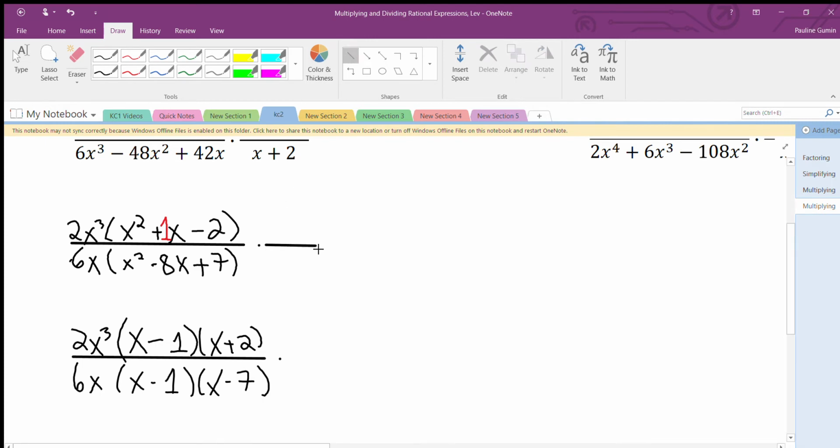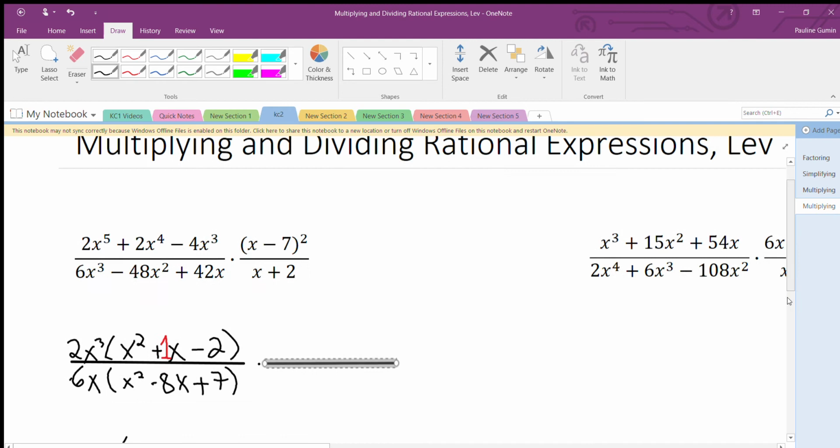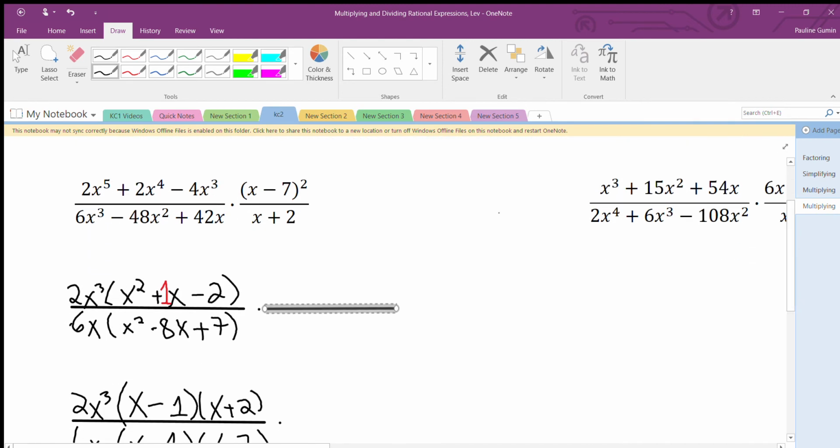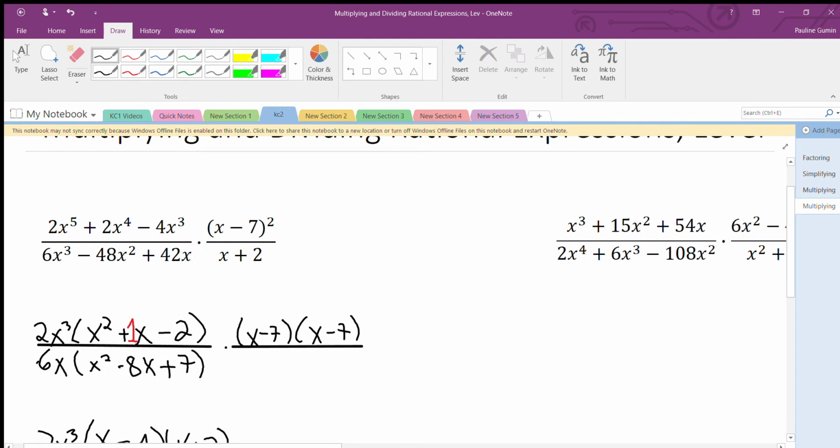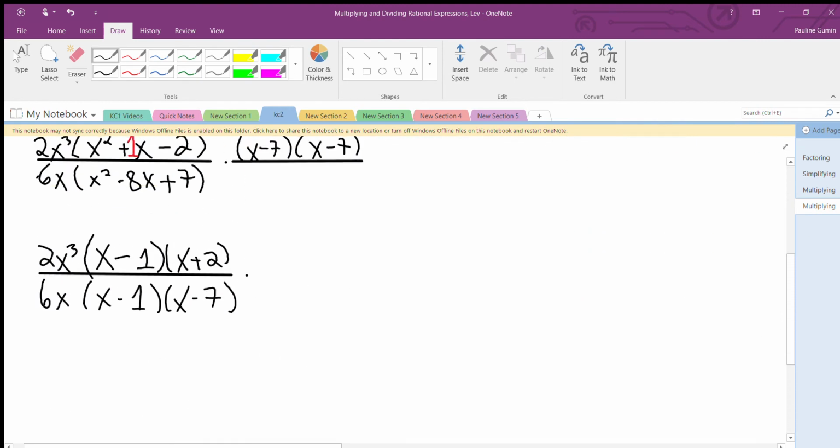Okie dokie. Here's the line. Let's look at the top of the second fraction. If I let myself scroll, that is. There we go. Ooh, x - 7 squared. Now, x - 7 is pretty factored already. Well, completely, really. What I'm going to do is translate what that 2 means. I'm just going to write x - 7 twice, because that's what x - 7 squared means.